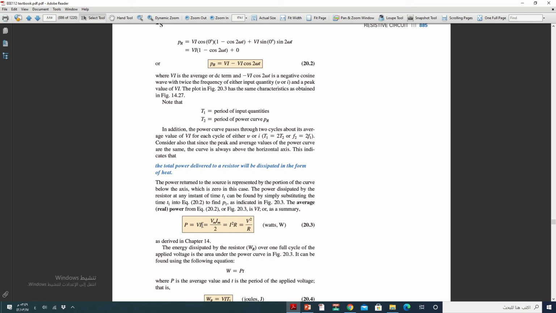Why don't we write cosine here after V multiplied by I? Because theta is 0 in the pure resistive load, and cosine 0 is 1.